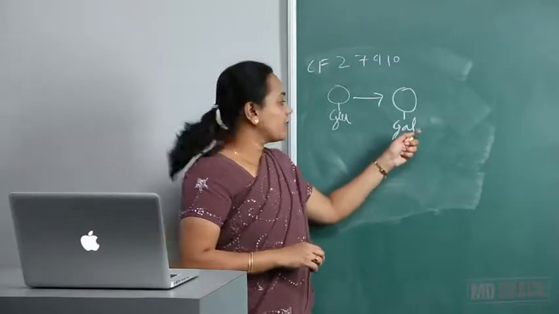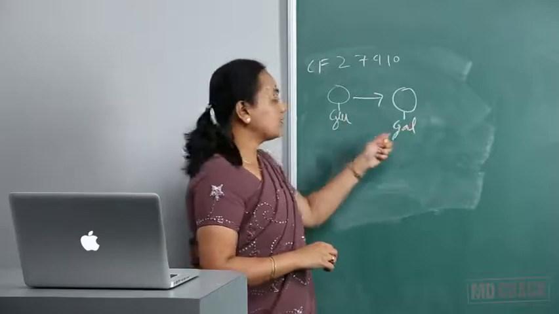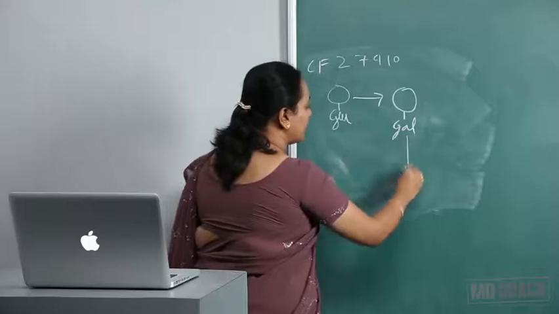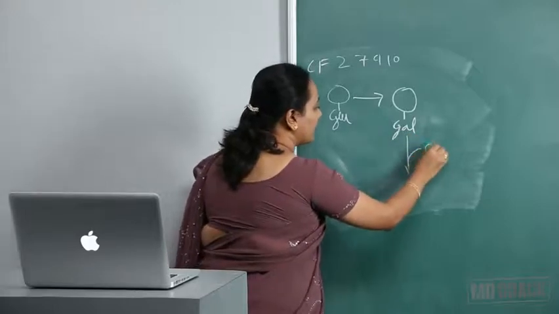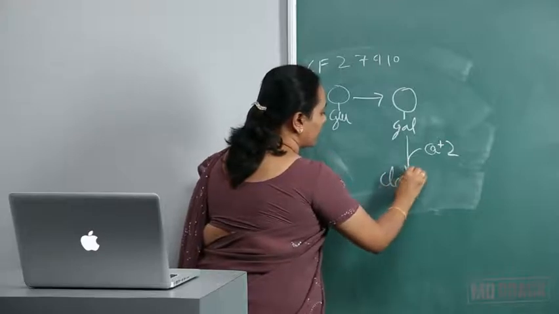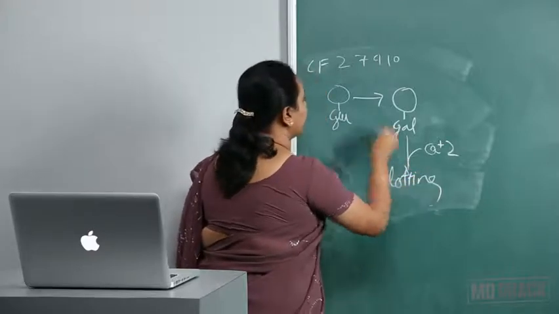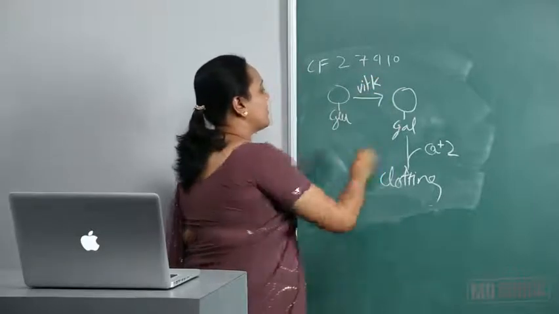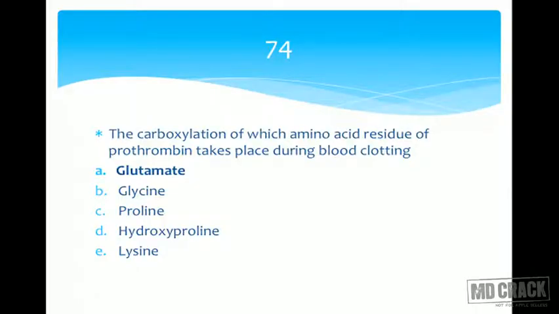Gamma carboxyglutamate is the one which can combine with calcium and lead to clotting. So these are vitamin K dependent. This is mainly by vitamin K, which causes gamma carboxylation of the glutamate residues of the clotting factor, which can combine with calcium to lead to blood clotting.